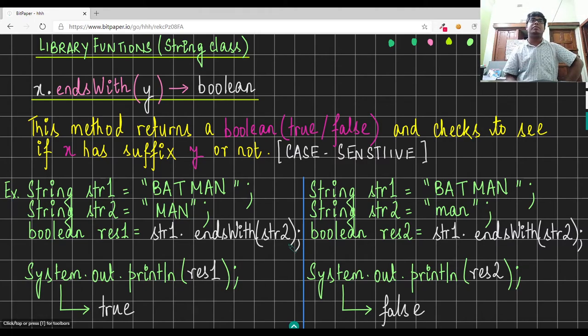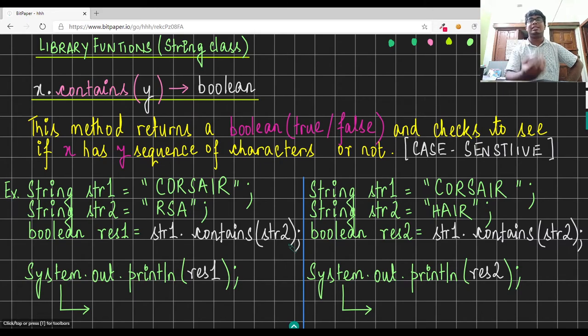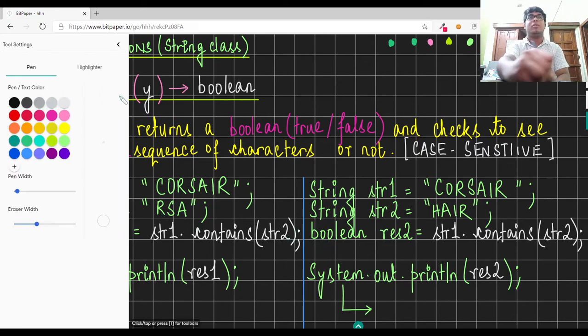Now, our last function is named contains, and this is used to check if x contains any sequence of y characters. You see, it's best explained through an example, so let's see that. So here I have a string called Corsair, and here another string called RSA. And we need to check if str1 contains the sequence of characters R, S, and A. Well, it does, right?